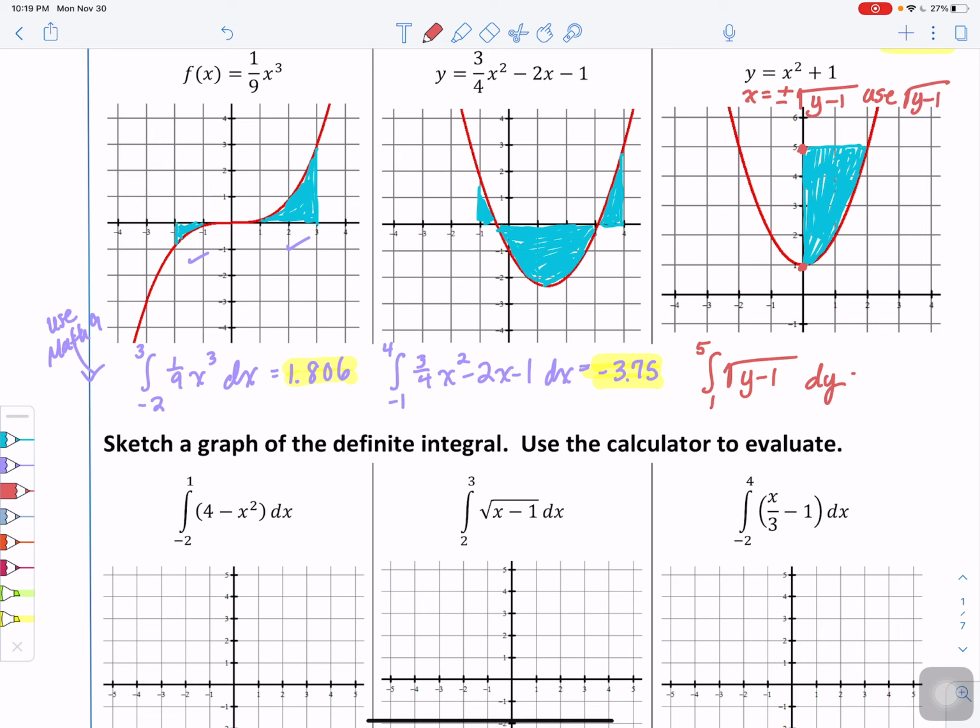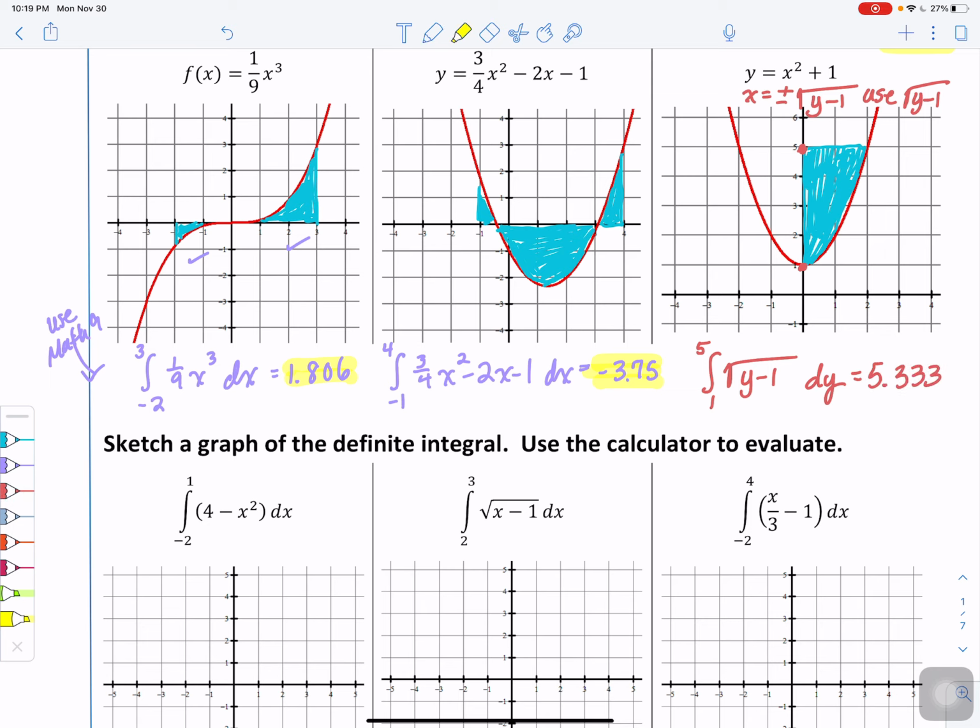Now, if you'd like to know that area, you can count those units yourself. But guess what? You can still use Math 9 with a dy. Math 9 is just a computation. It is a rough estimate of the area. So you can still use x's in place of y's just to compute that area. And that's about 5.333.